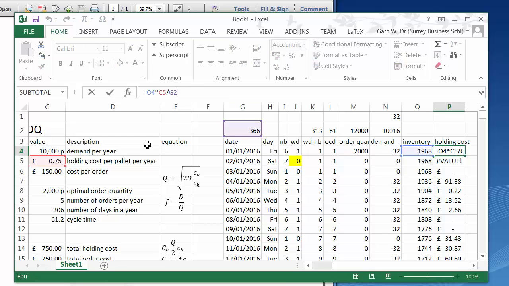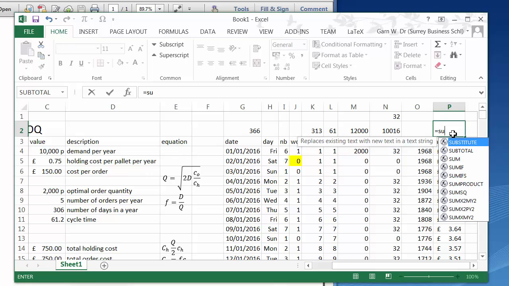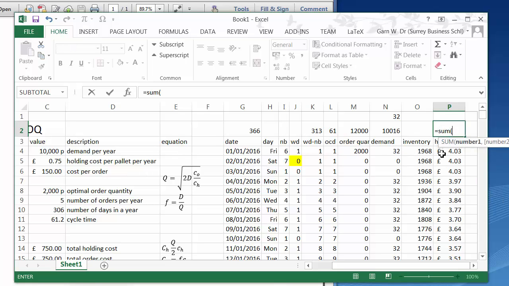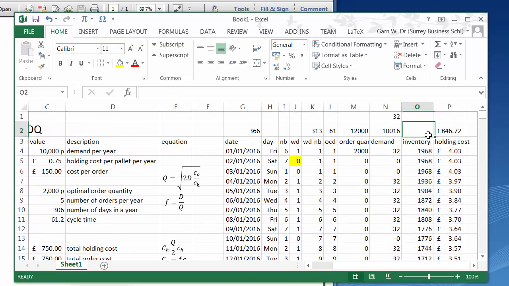Obviously we have to use some absolute cell references again. And this gives us our holding cost.